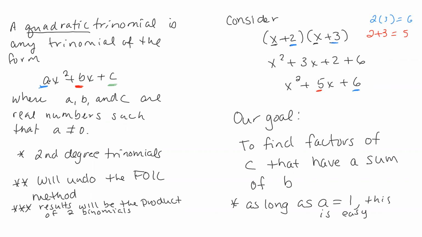So again, we're looking for factors of the constant that add to be the coefficient of the linear term, and this is pretty straightforward. It's easy. That's all we have to do as long as A equals 1, okay? So I say we look at some signs and how that's going to play out, and then we move into just looking at examples. So what about signs?